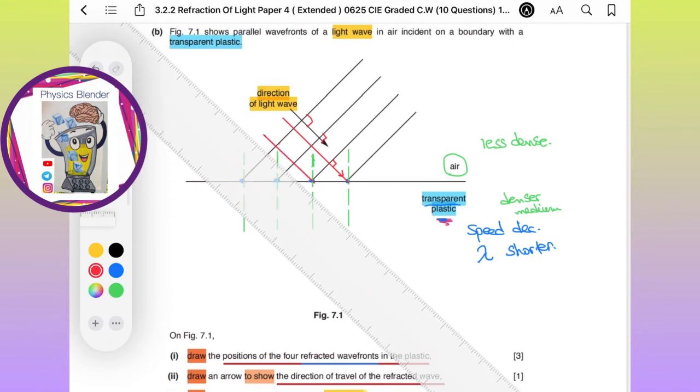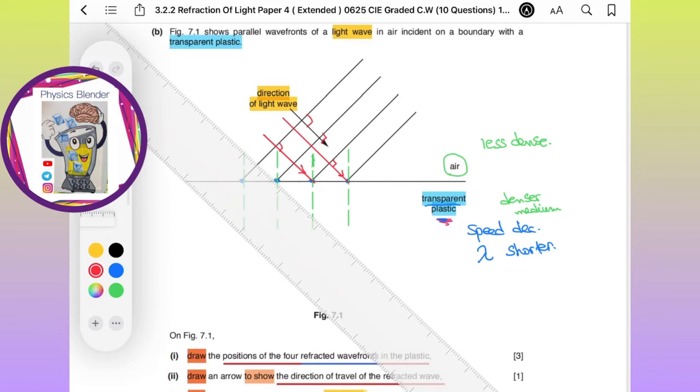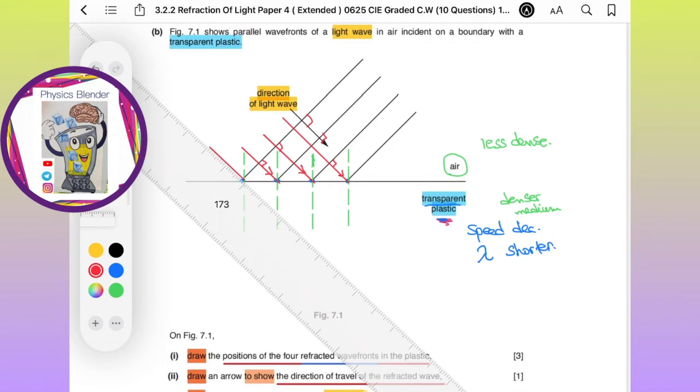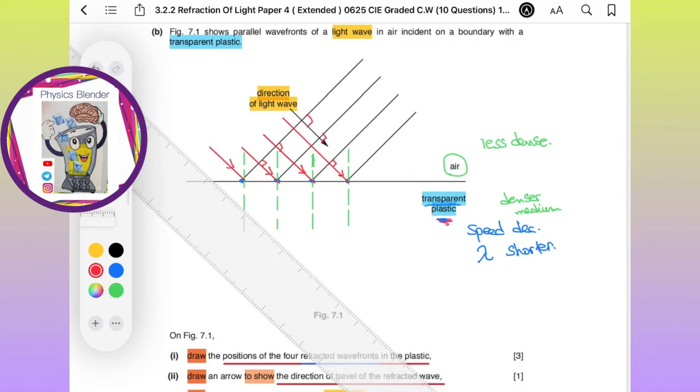Make sure it's perpendicular to wavefront. At the third point of intersection, it's also here. And at this point, all these red rays are the direction of light wave.